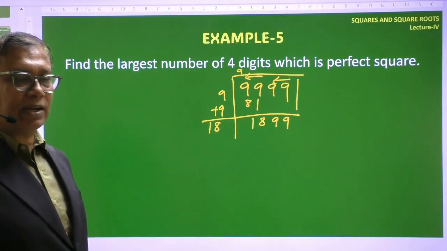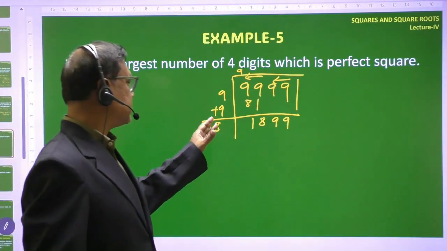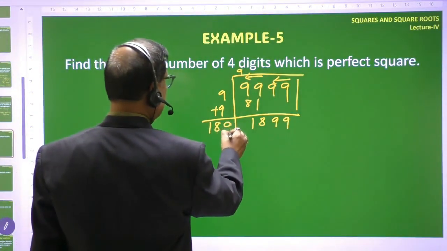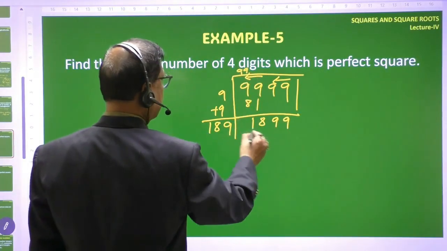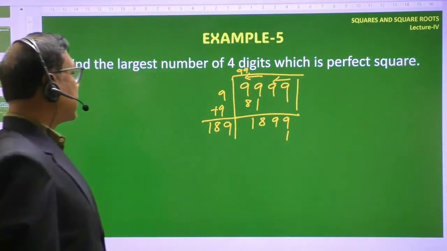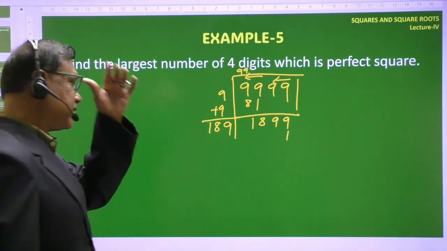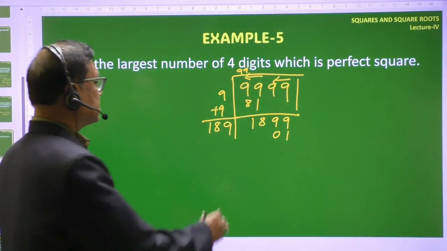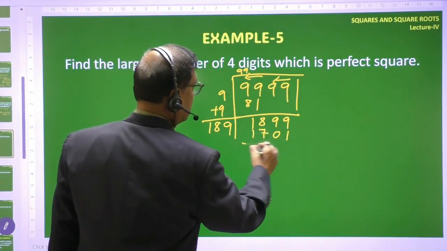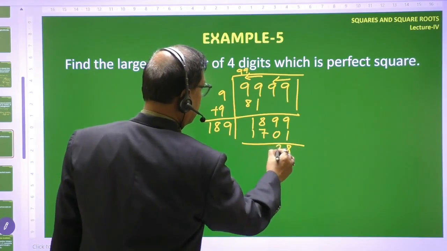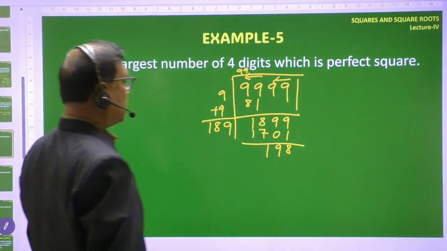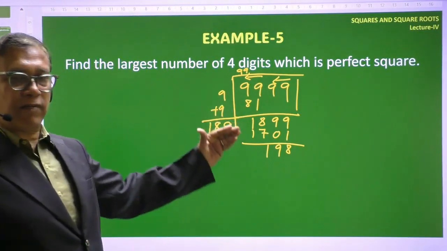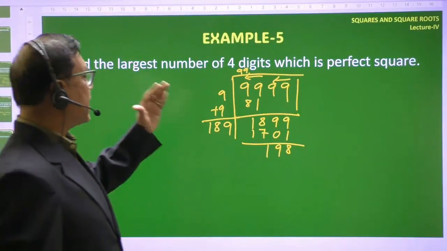So maximum 10, but not possible, we can give maximum 9 here, no? So 9, if we give 9 here, 9 9s are 81, 9 8s are 72 plus 8, 80 and 17 here. Then 8 and 9, 1. So 198 is the remainder. That implies it is not a perfect square. So what will be the answer?